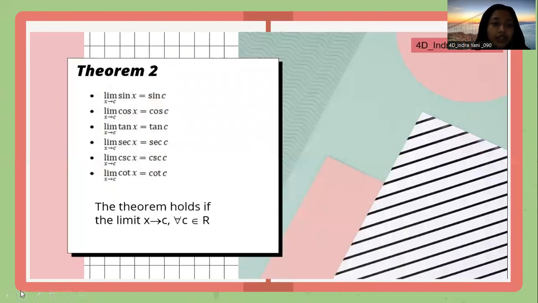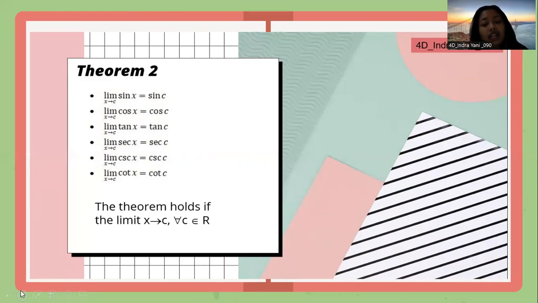And theorem 2, as everybody can read in the slide: the limit as x approaches c of sine x equals sine c. Next, the limit as x approaches c of cos x equals cos c. The limit as x approaches c of tangent x equals tangent c.